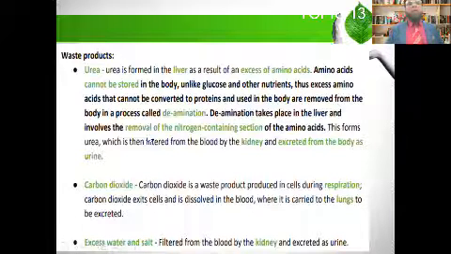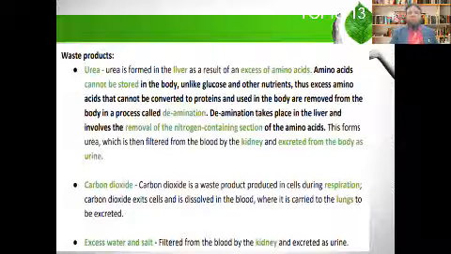But the removal of feces is not excretion. Removal of feces is egestion. In the exam paper sometimes you are given questions to differentiate between excretion and egestion, so you must know the difference.